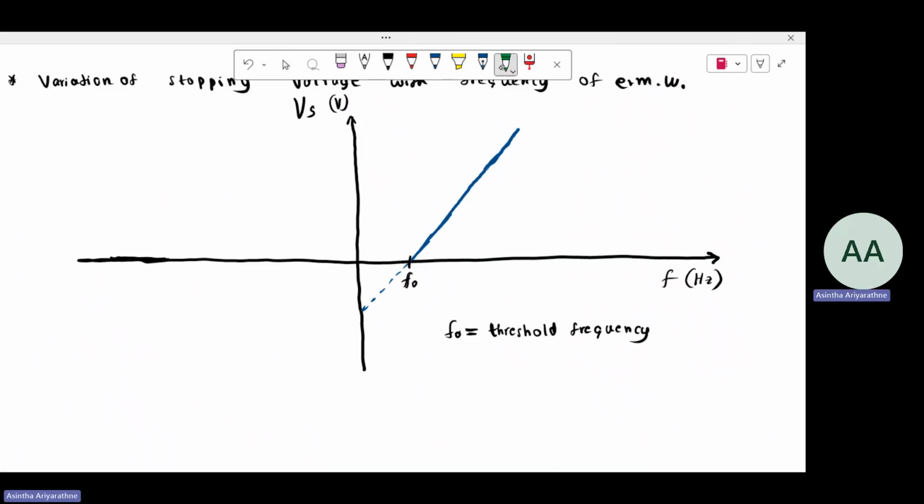So for different metals, this threshold frequency is also different.